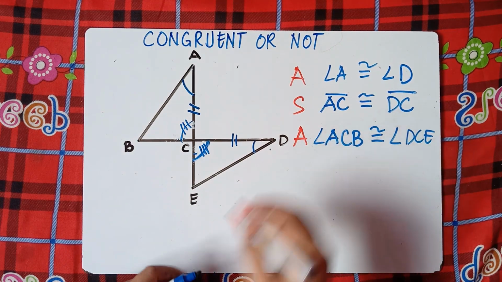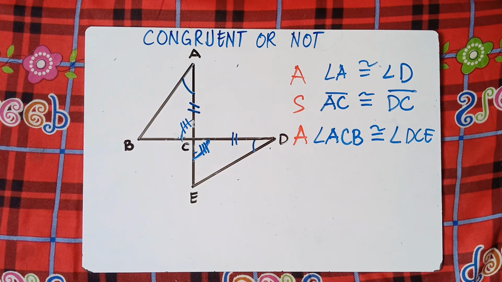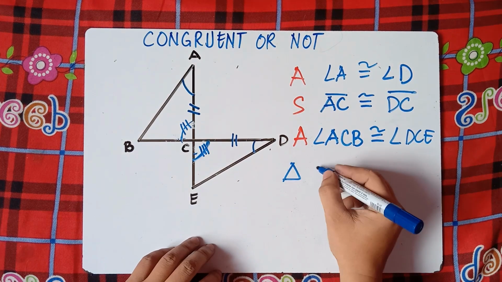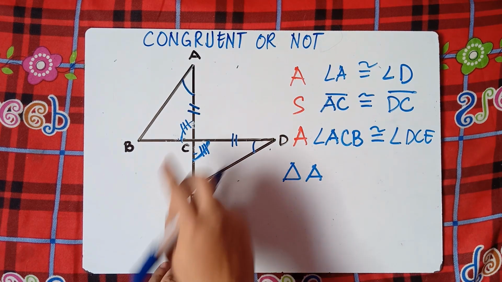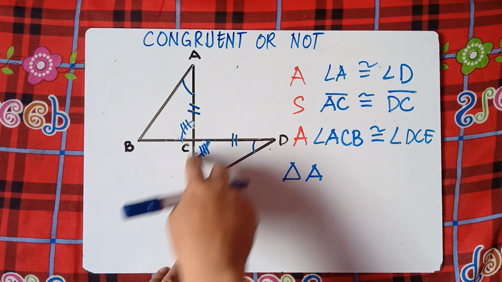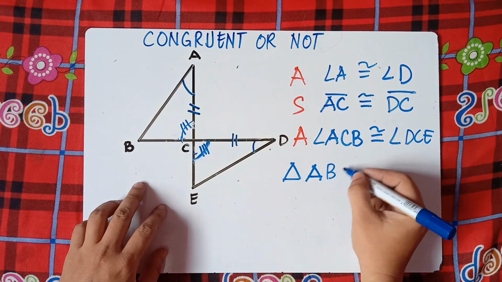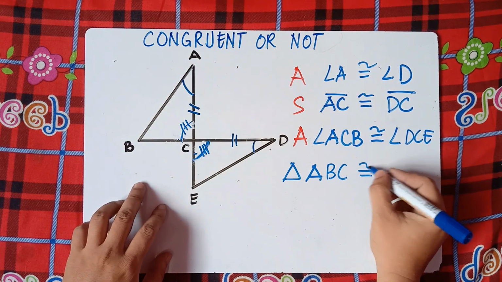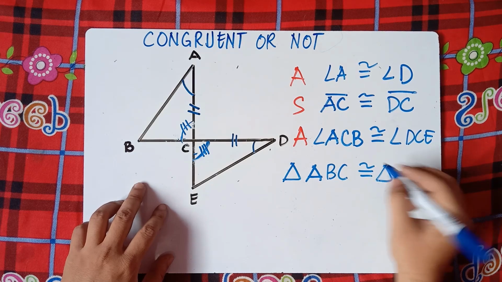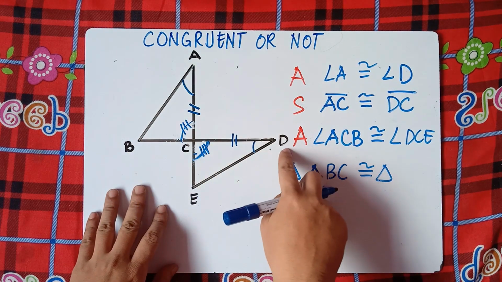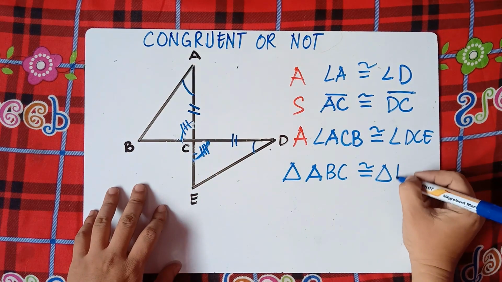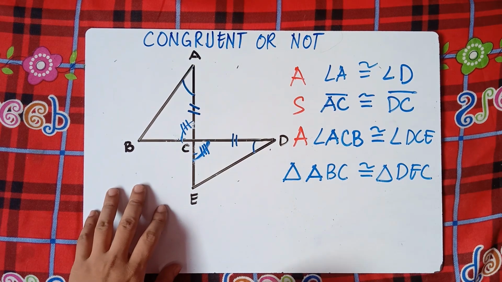So since we have three pairs of congruent parts, we can say that triangle ABC is congruent to triangle DEC.